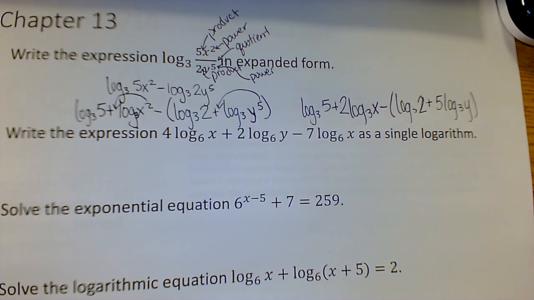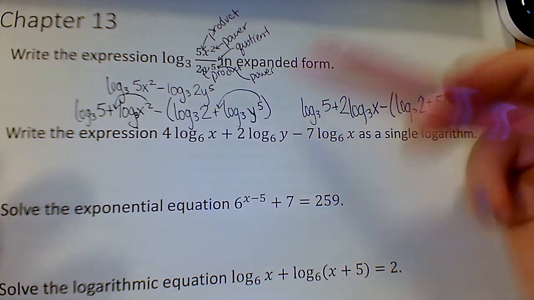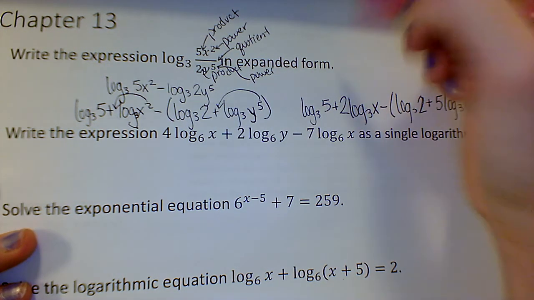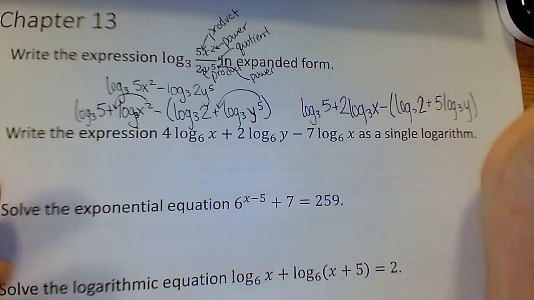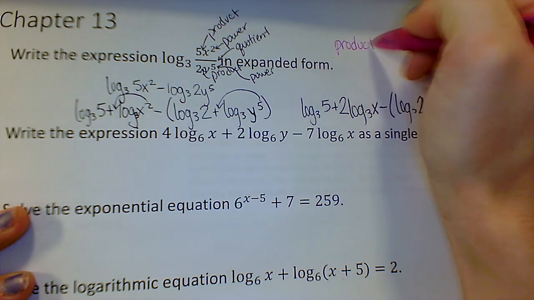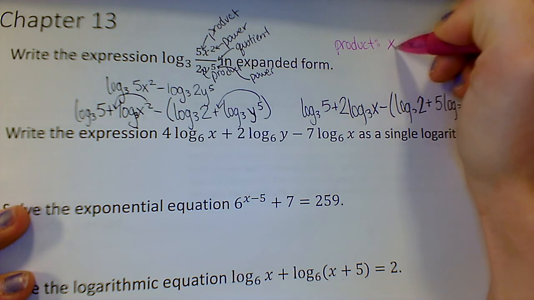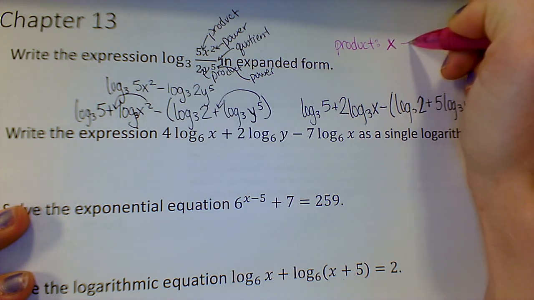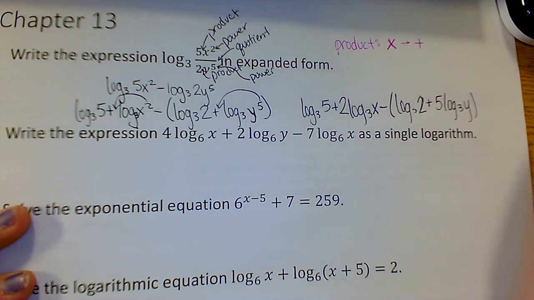I do kind of want to just go through some of those properties, like the ones that we use when we expand or condense logs. So these are basically all of them, but just so we have a nice list going, and you can include this in your notes. The product rule says that multiplication turns into addition.